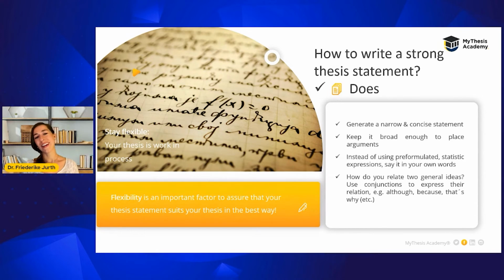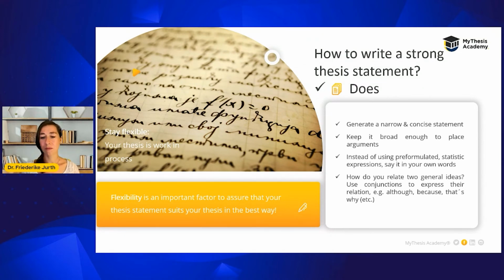Well, now I would like to provide you with 2 little lists of what to do and what to avoid if you create your thesis statement. First, to write a good one, it's necessary to generate a narrow and a conscious statement. You should keep it broad enough to place your arguments and to keep it a little bit creative.